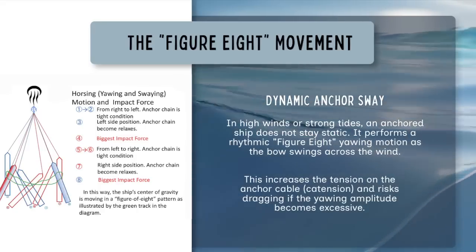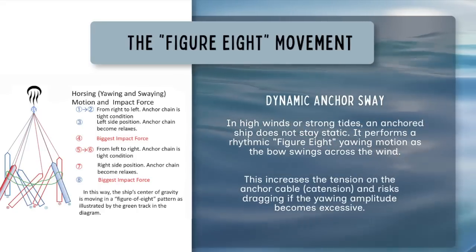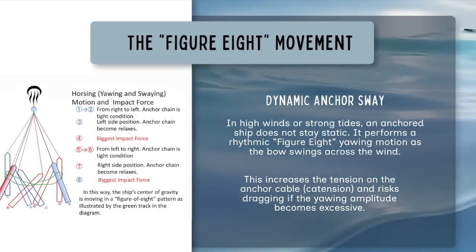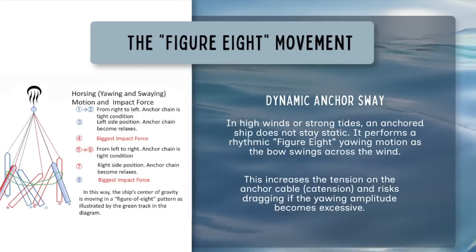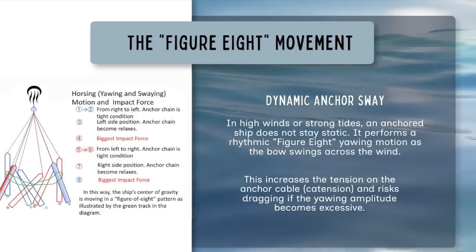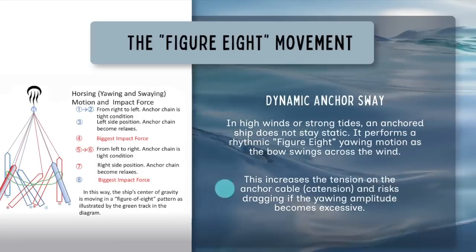So we have here what we call the horsing. This is the yawing and swaying, the motion and the impact force. First, you can see here figures 1 and 2.